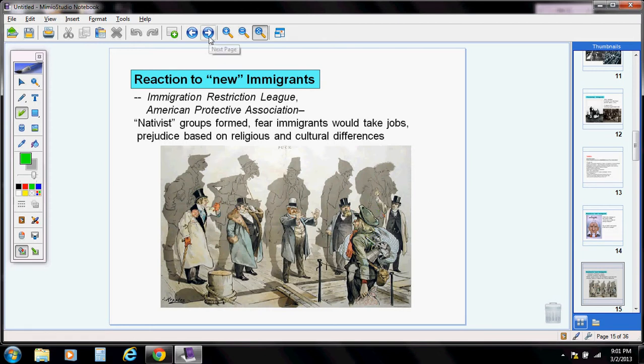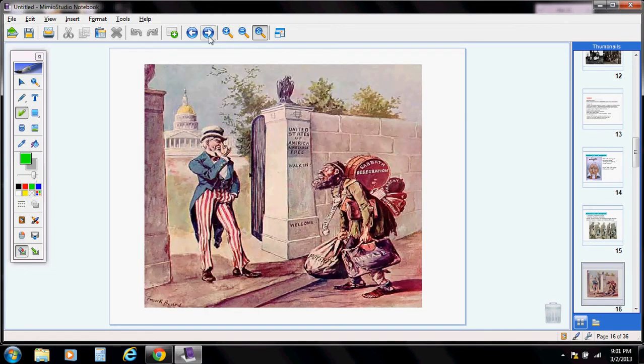And as a nation of immigrants, everyone at some point, with the exception of Native Americans themselves, have come from someplace else. These are some other political cartoons showing America's anti-immigrant attitude.